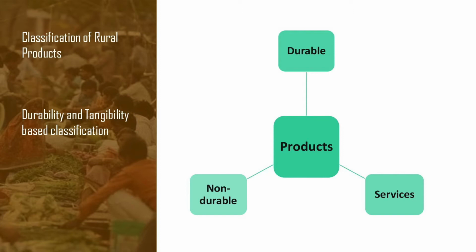These are non-durable goods. The third category which we are going to take up is services. Suppose I am taking services from some irrigation department people, or I am employing people in my own field for some agricultural work as an agricultural labor. So this third category is service.